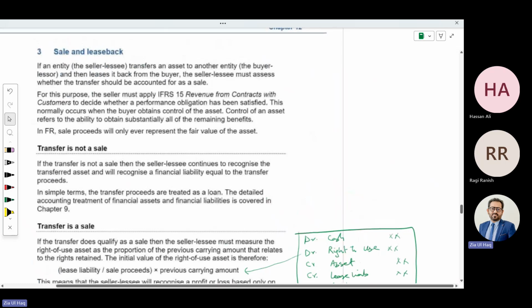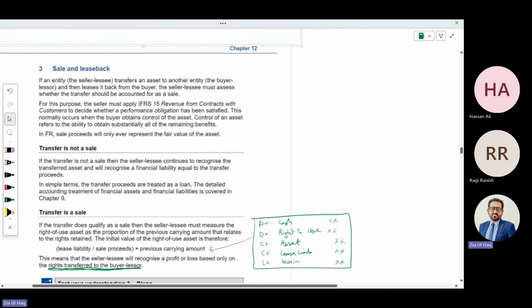What is the sale and leaseback concept? There is Mr. A and another Mr. B. Mr. A was having an asset.